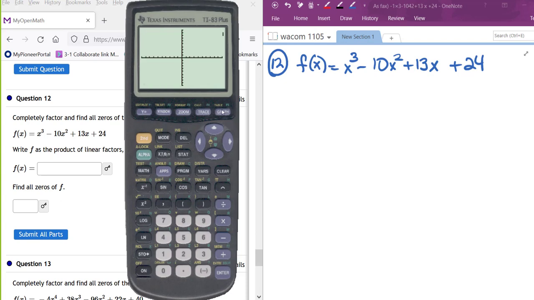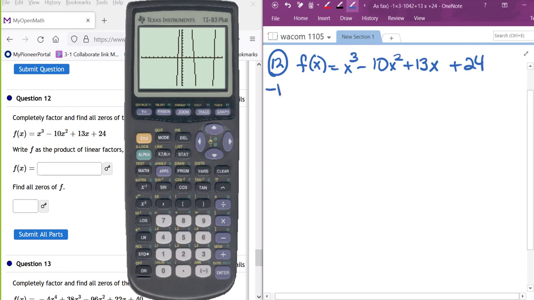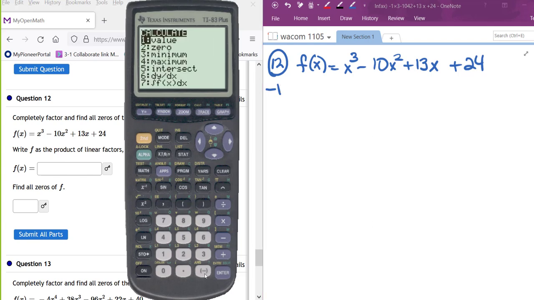Graph. Right, and when we check these zeros, we're checking -1. We should have 3 zeros from our degree. So second calc value and -1. That one works.